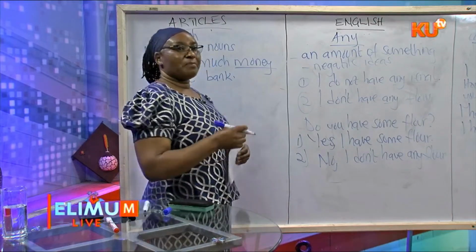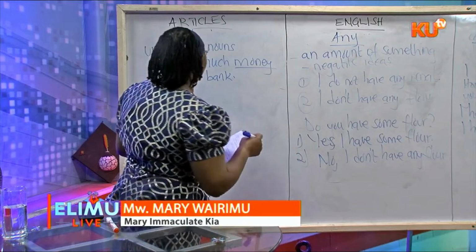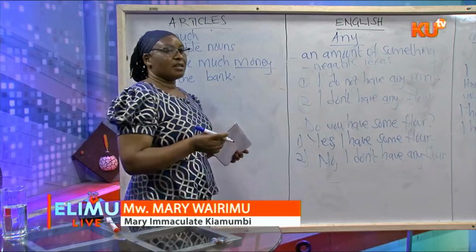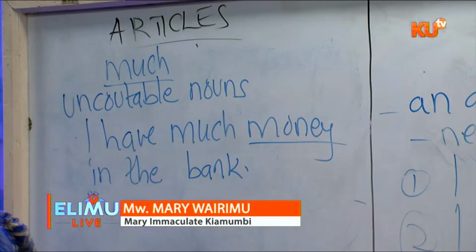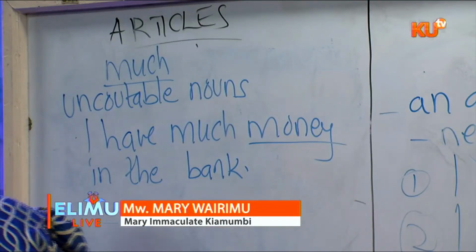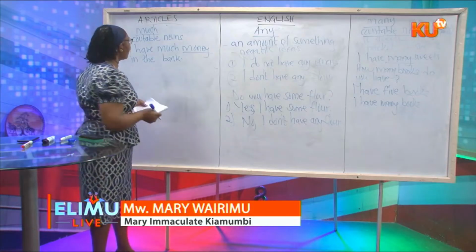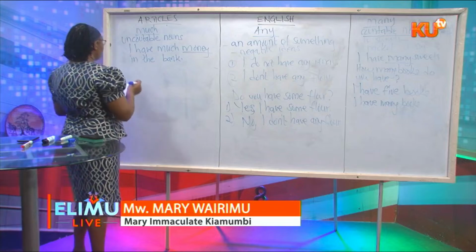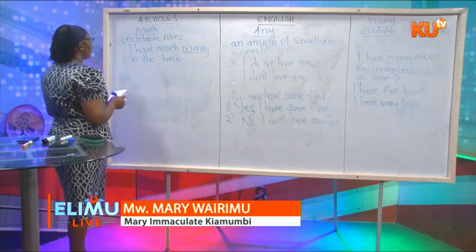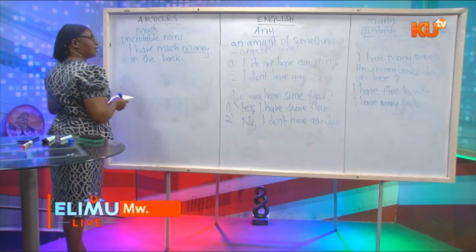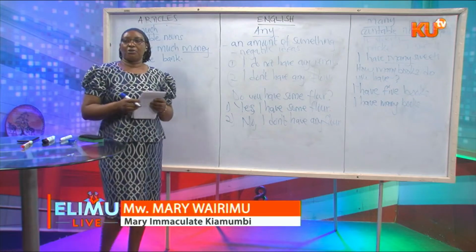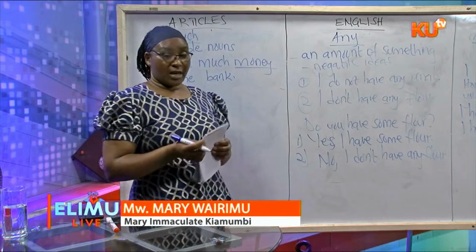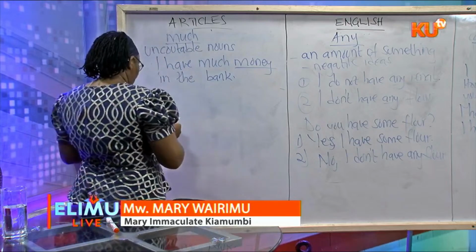You can't count the particles that are used to make the flour. So when you say I have much money, it means the particles that make the money, not 100 shillings, not 200 shillings. They are uncountable. We have things like water. We have things like all liquids. Actually, you can't count them.